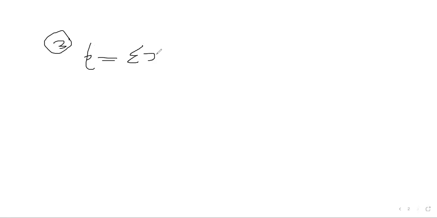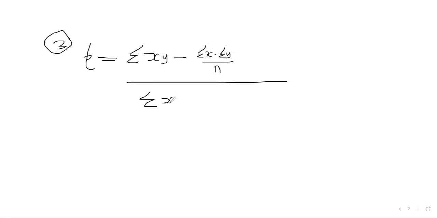So it's the summation of XY, minus the summation of X multiplied by the summation of Y over N, all over the summation of X squared minus the summation of X, all squared, over N. This is how you find what we call the slope.